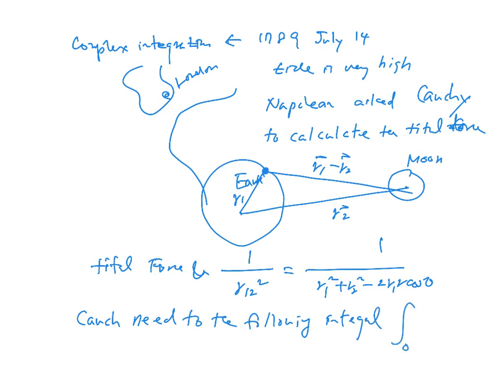That is 0 to 2 pi of 1 over a plus b cosine theta d theta, right? Because a is larger than b, Cauchy needs to find this integral.